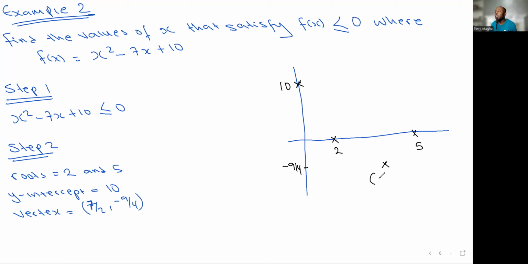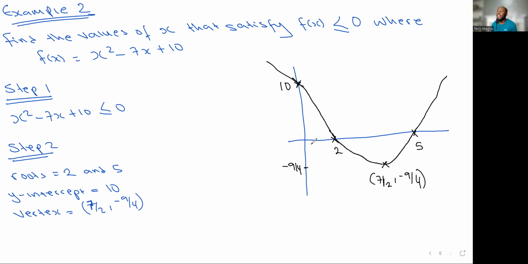So that means this point is 7/2 and minus 9/4. All right. So we have this now. We'll draw this line all the way like this. Remember, it has to be one smooth line joining the curve all the way back. Please go back and watch the video on how to sketch.